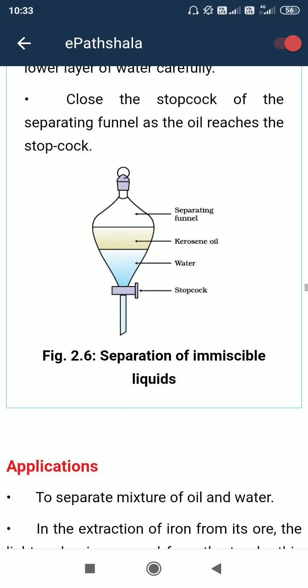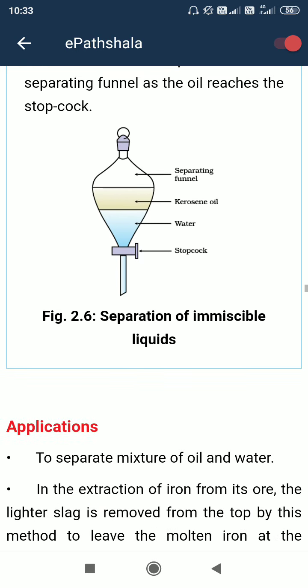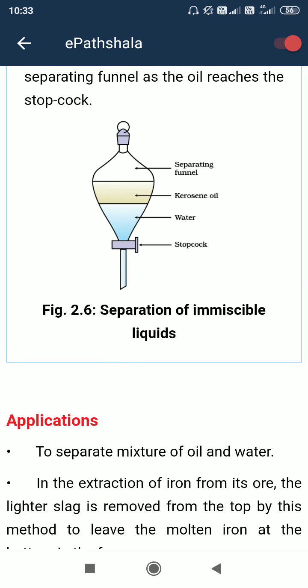So, immiscible liquids by partitioning; this one we say partitioning. Here there are two immiscible liquids. This structure is known as a separating funnel. We keep the liquids inside the separating funnel, and for a while we stir it.